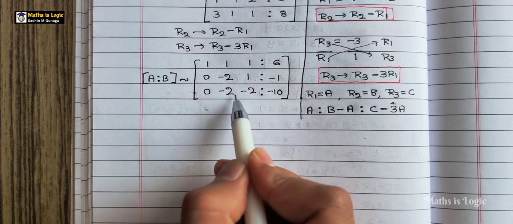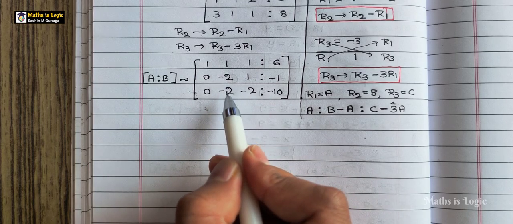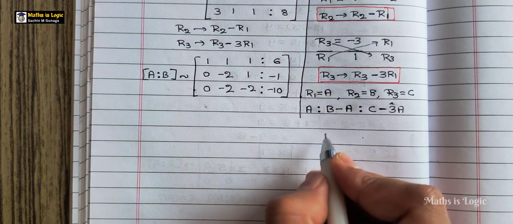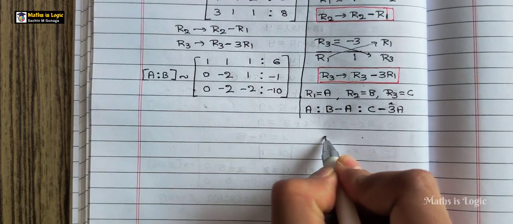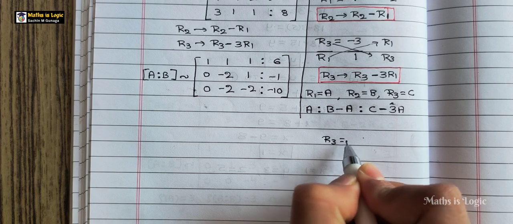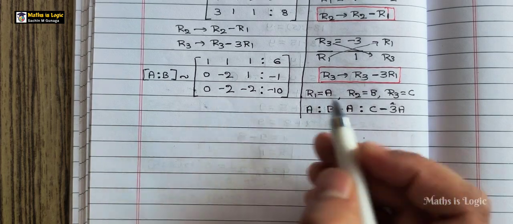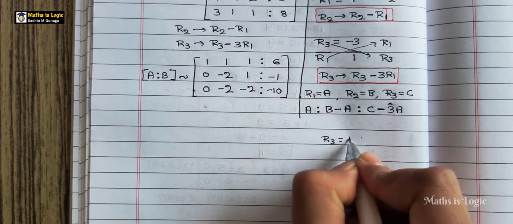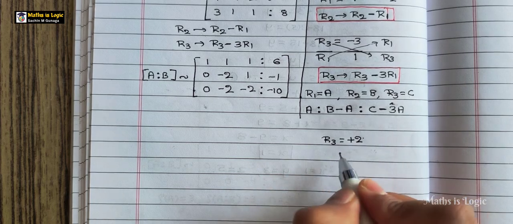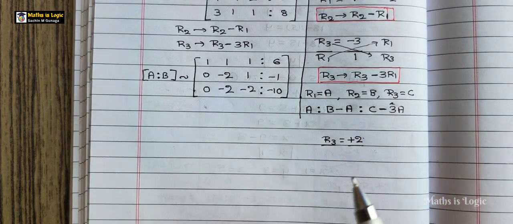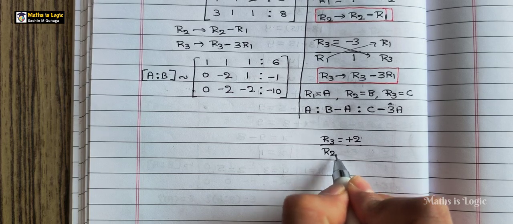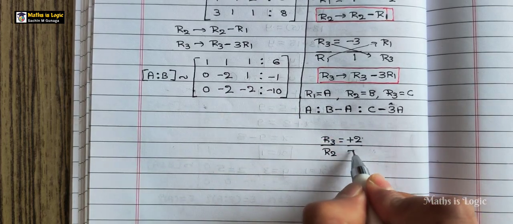Now third row, this second element we should make 0. Therefore again apply that method. So R3 is minus 2 is there, we need to take the opposite sign, that is plus 2. Next divided by, with R2 we are doing, therefore R2 you consider as minus 2.